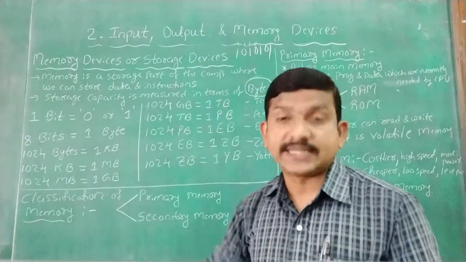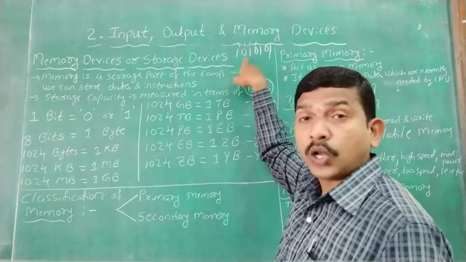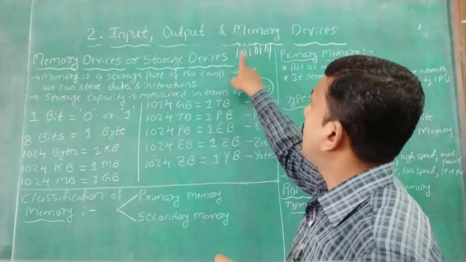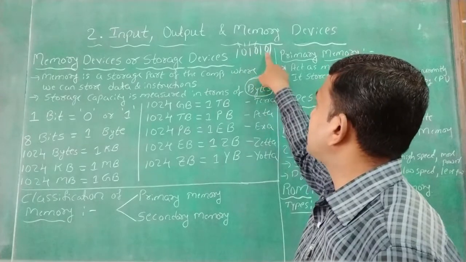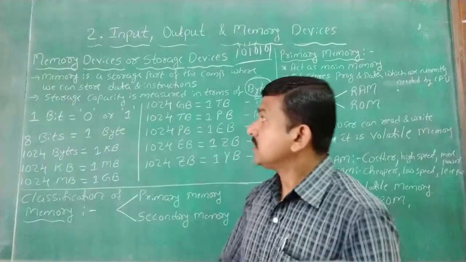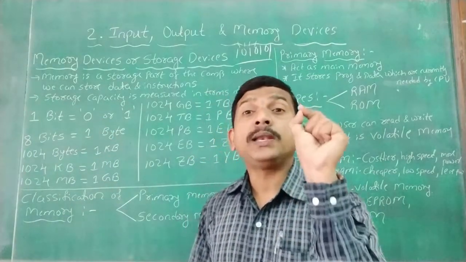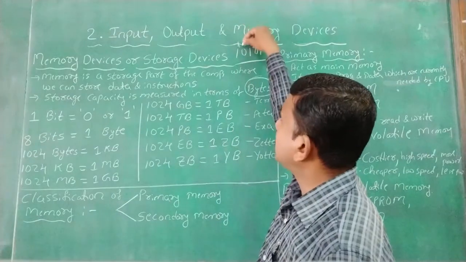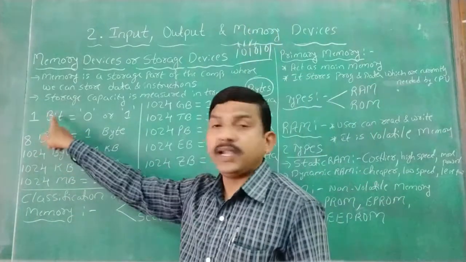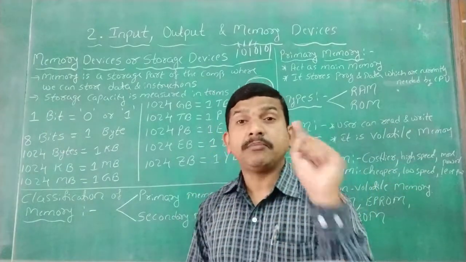So the single digit, either 0 or 1, we call a bit. So here how many bits? 1, 2, 3, 4, 5, 6, 7. So there are 7 bits. Is it clear? Either 0 or 1, we call it 1 bit.